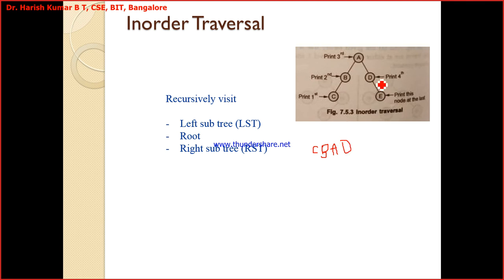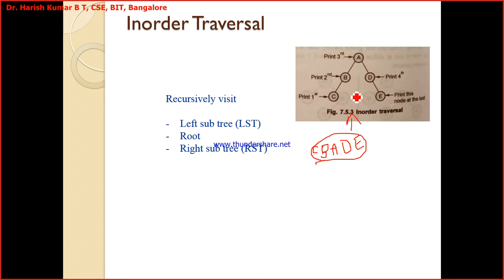Then I travel the right subtree. I come to E, and I check whether there is a left subtree for this. No. Is there a right subtree? No. And then E gets printed. So this is the Inorder Traversal result.